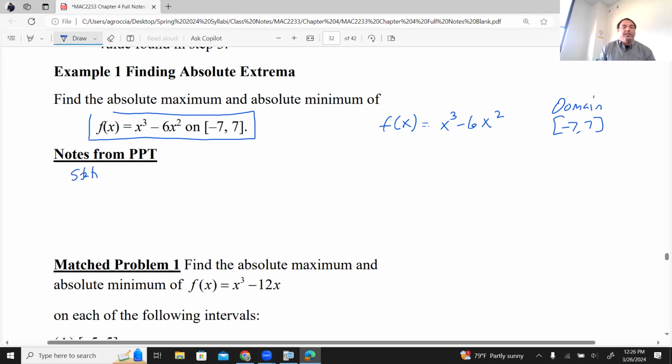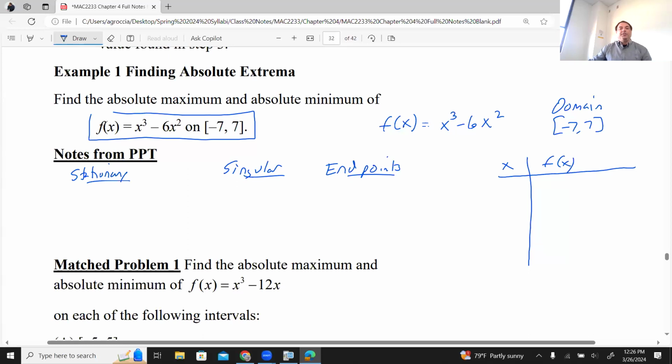And you're going to do stationary, singular, endpoints. You're going to graph it, and you're going to label it. Okay? So find extrema.